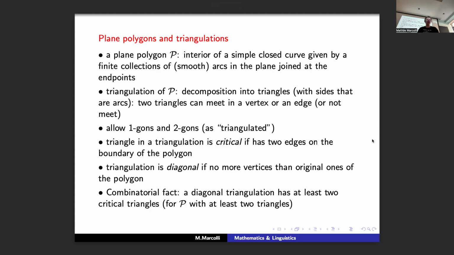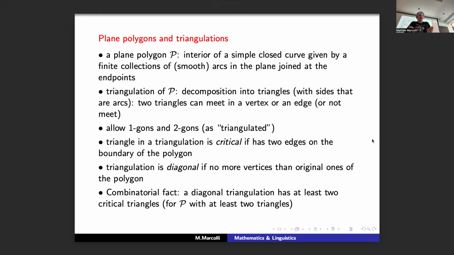Whenever you decompose a polygon into triangles, you don't add new vertices, you just take diagonals of your polygon to triangulate.